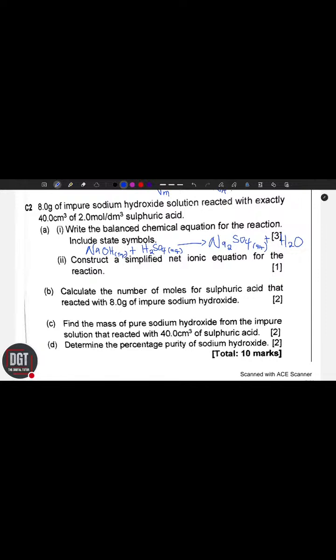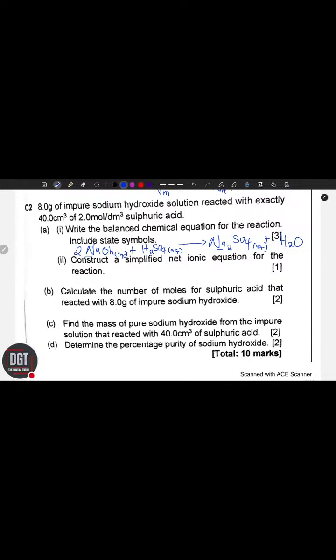After Na there should be a 2. So your salt is not correct in terms of chemical formula. So let us check. Sodium we have 1 on one side, 2 on the other. So I have a problem here. So you can put a 2 in front here. So sodium we have 2.